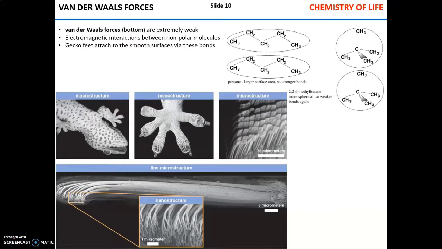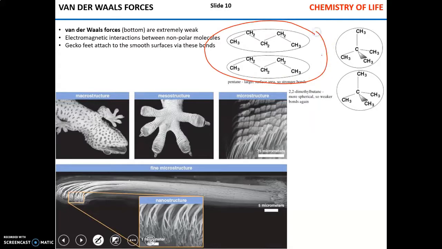So let's talk about van der Waals forces and the pH scale, and then we move on to energy and large biological molecules. Van der Waals forces are weak forces that are formed between nonpolar molecules. For instance, you see a couple of examples here.